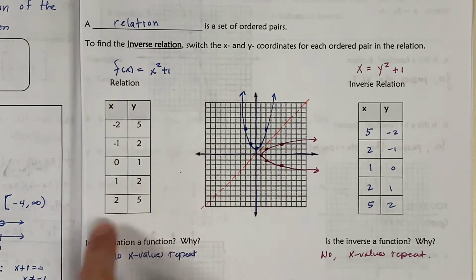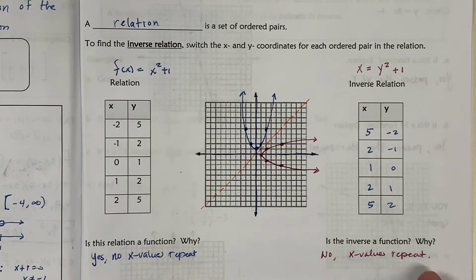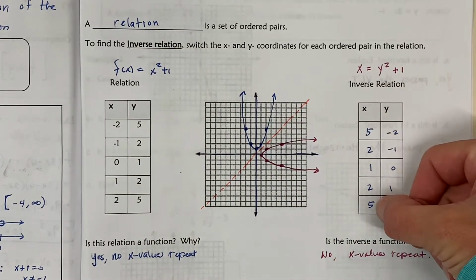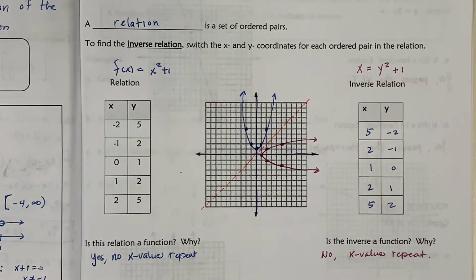On the ordered pairs, no x values repeat. The inverse is not a function because the graph of the inverse does not pass the vertical line test. And if you notice for the inverse, I have x values 5 and 2 that repeat. So the original relation is a function, the inverse is not a function.